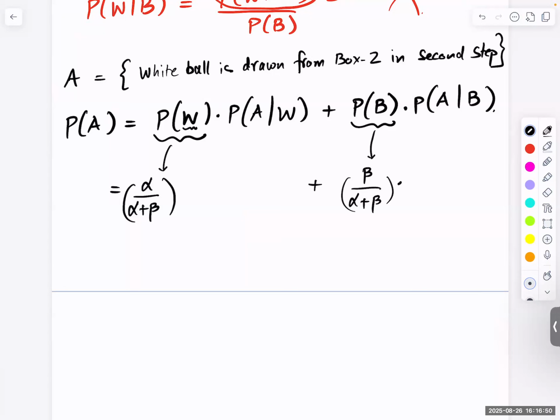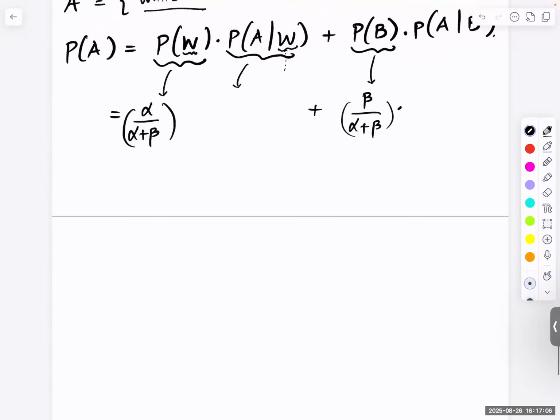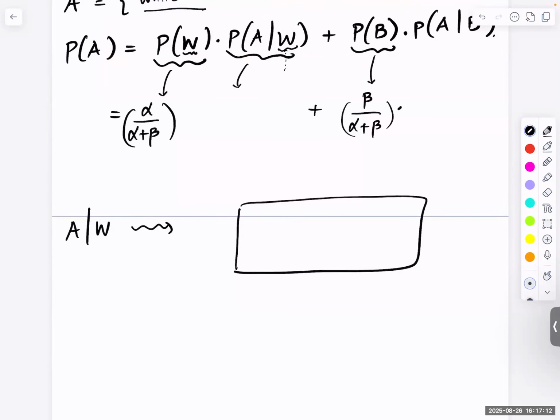Let's worry about these other terms. What is A given W? It is the event of drawing a white ball from box 2, given that a white ball is drawn from box 1 in step 1. To think about A given W, let's look at box 2.